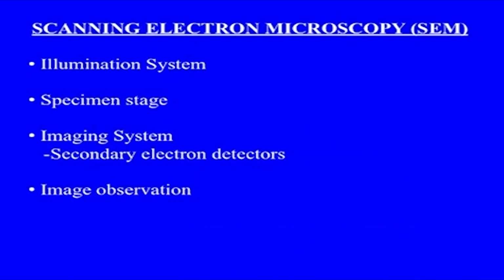Now, we will discuss one of the detectors based on secondary electrons. In this particular detector, the electron beam is focused by electromagnetic lenses to a small spot and is rastered over the specimen surface. Secondary electrons generated during the interaction of the beam and the specimen are collected by the detector.